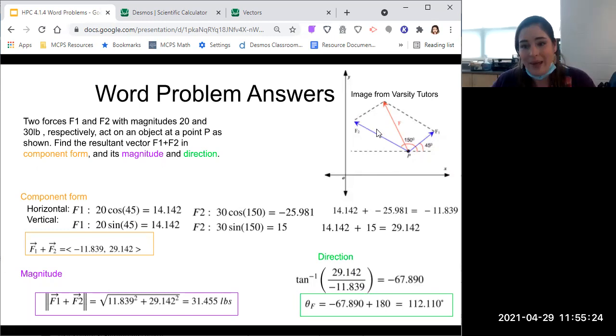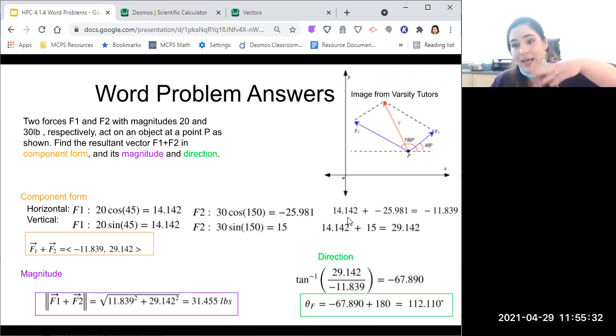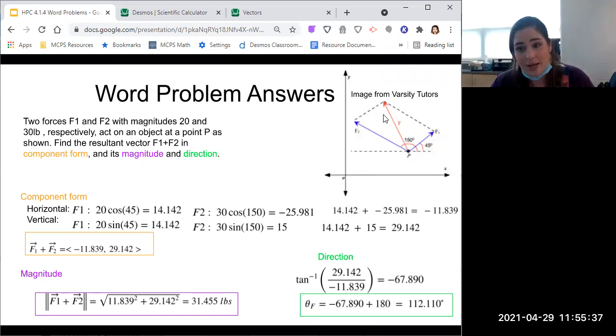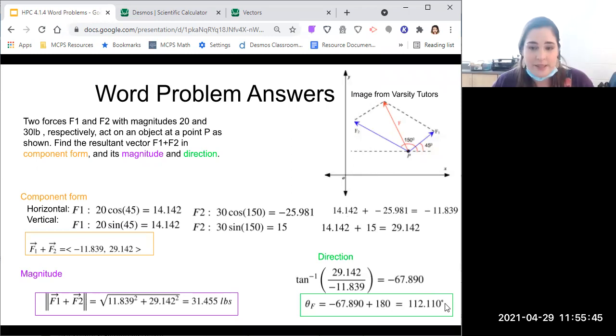So we have to add 180. If you get a quadrant 4 vector, anything between 0 and negative 90, and you see that your vector is actually pointing northwest or terminating in quadrant 2 or going left and up, whichever way you want to think about it, add 180. So we get 112.110.